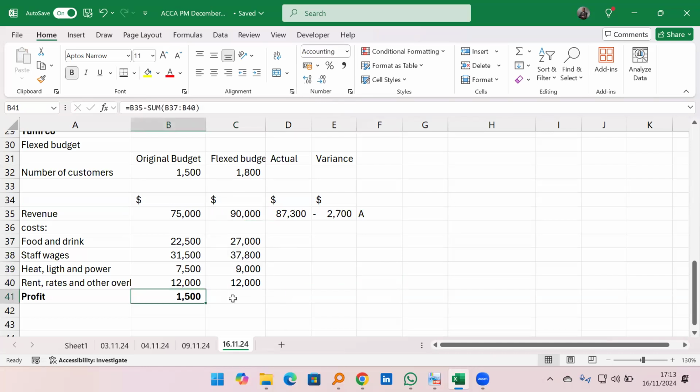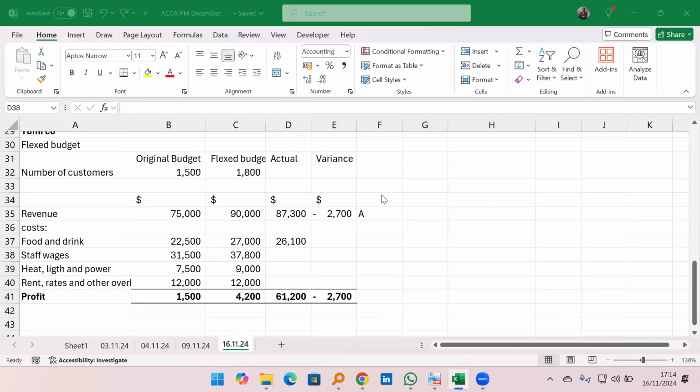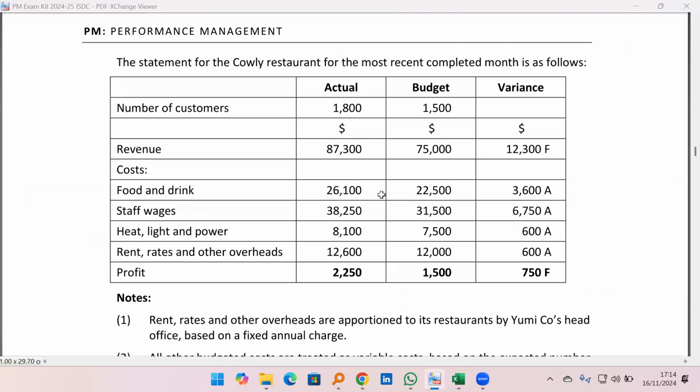Then I can also drag this and put it here. Now for the costs, I'm going to start by bringing the actual food and drink, 26,100, staff wages 38,250, then heat, light and power 8,100, then rent and rates 12,600.